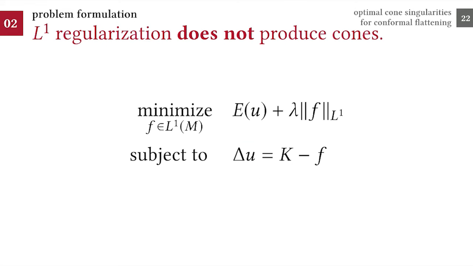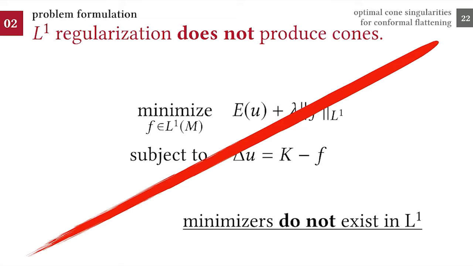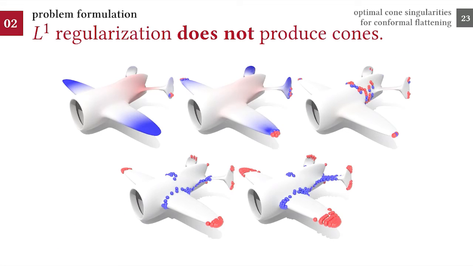A tempting way of how to implement this is to use this L1 regularization and just treat this curvature distribution as a function. However, this isn't going to work since minimizers don't even exist in L1. So when we solve this numerically, we end up with, again, behavior that depends on the mesh itself, and we end up with singularities that are spread out all over the surface. And this really isn't the type of singular approximation that we're looking for.